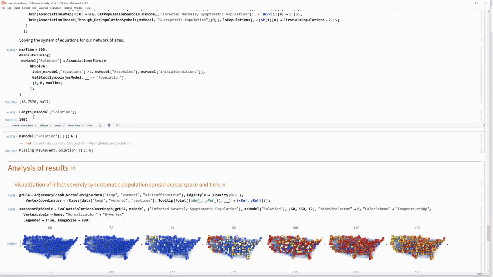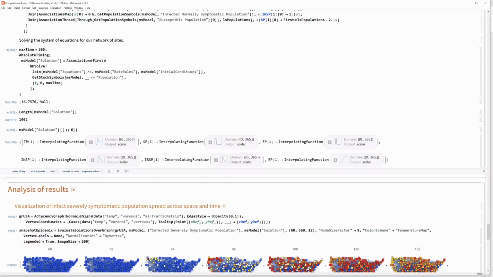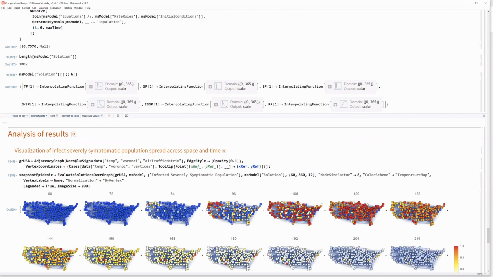Yes, that's it. So we got 1,002 equations in the model: one function that represents the total population, another one that represents the susceptible population, exposed, asymptomatic, severely symptomatic, and the recovered, right?